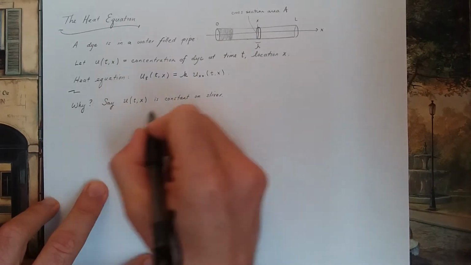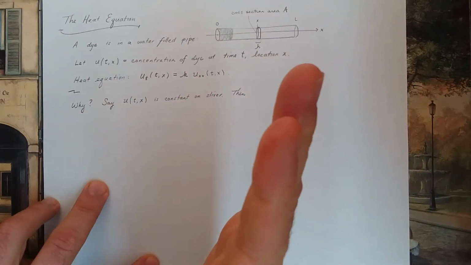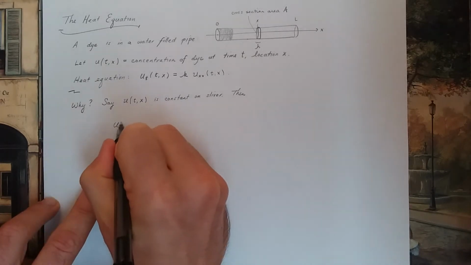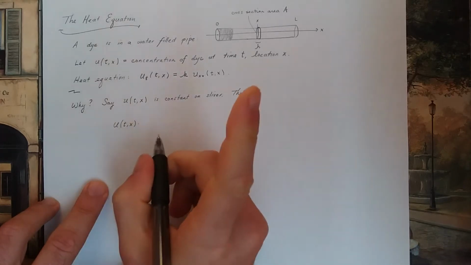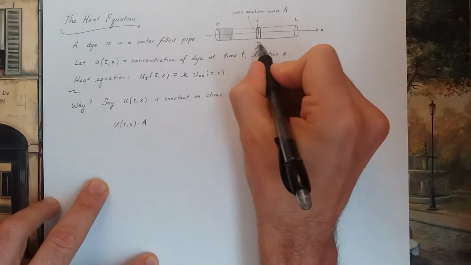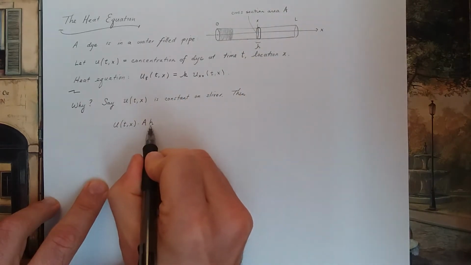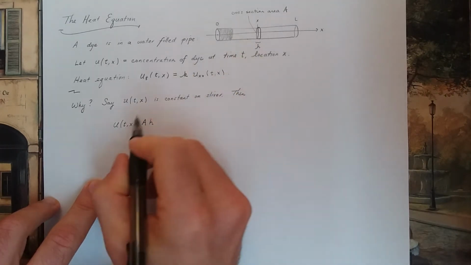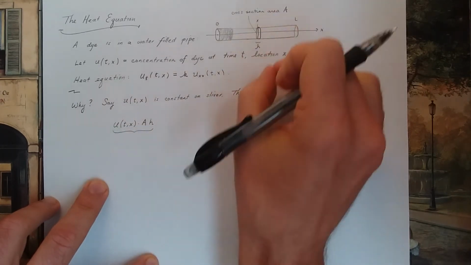So then I could write down the amount of mass of the dye. The amount of mass of the dye is the concentration times the volume. The cross-sectional area is A, and the thickness is h. So Ah is the volume. If I multiply the volume by the concentration, I get the amount of dye in the sliver.